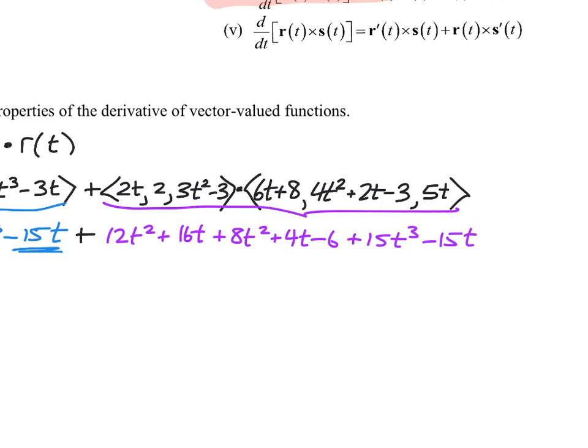All right, so this part I could also simplify. So I'll do that here. I'll just chuck a little plus sign here just to indicate that there's other stuff. So I got the cubed, 15t cubed. And I got my squares. It looks like 20t squared. Then 16 plus 4, 20t minus 15t is 5t, so plus 5t minus 6.